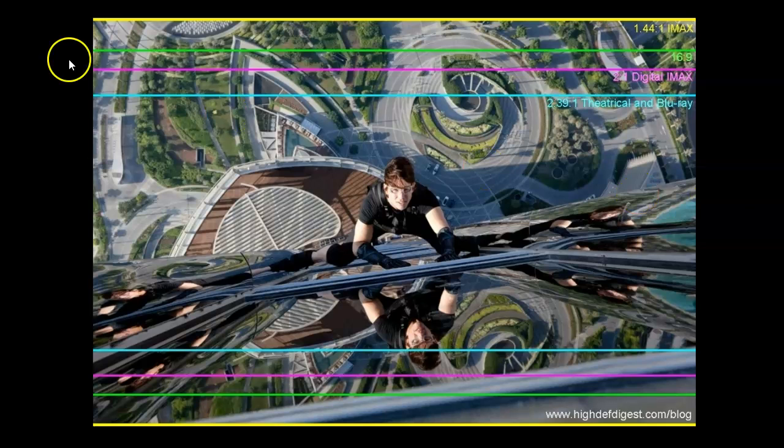And Nolan has been criticized for this because there seems to be no aesthetic reason. It's more that when moments of breathtaking scenery or action take place, he wants to shoot it in IMAX for a bigger impact.